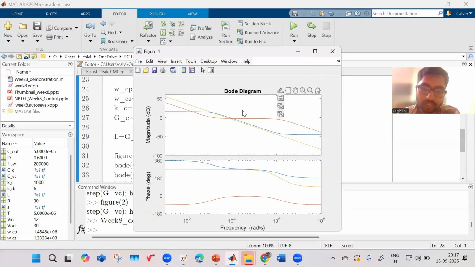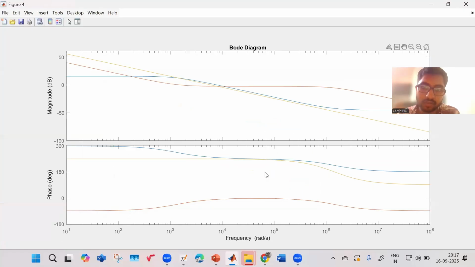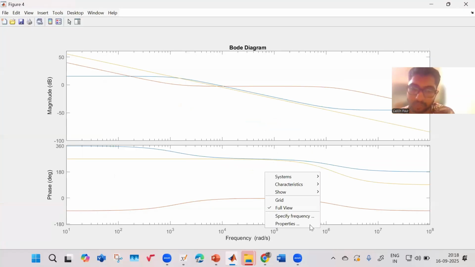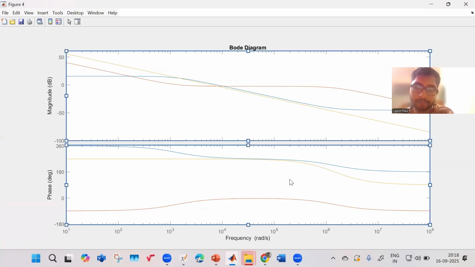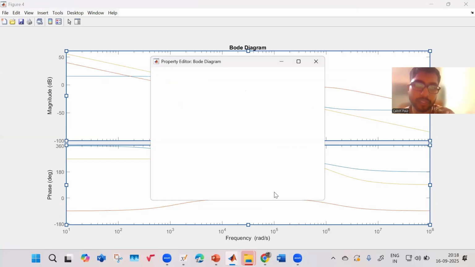Let me adjust the offsets in the phase. Properties.